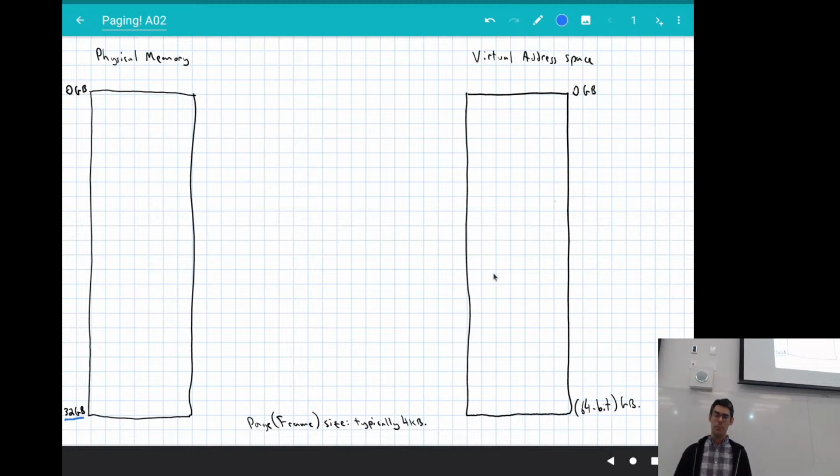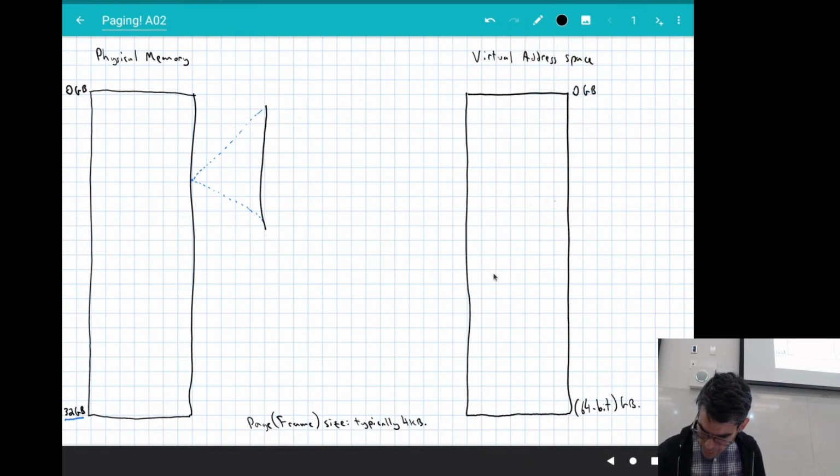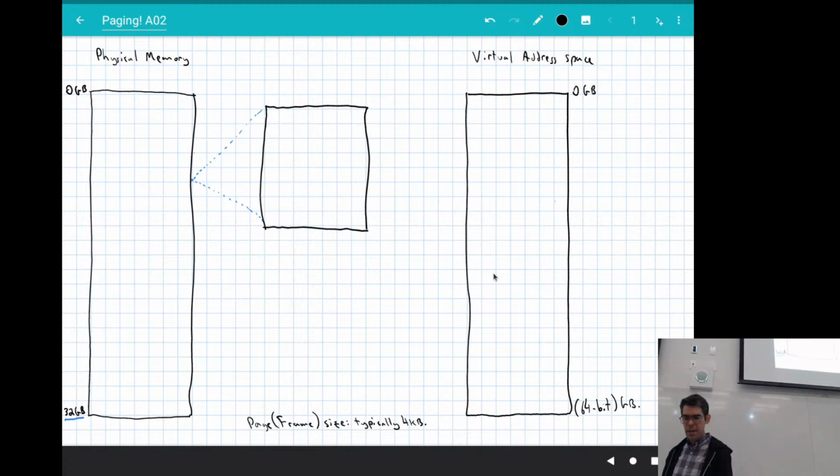So the diagram that I want to draw here is going to be a little bit zoomed into what we've got for our physical memory structure.